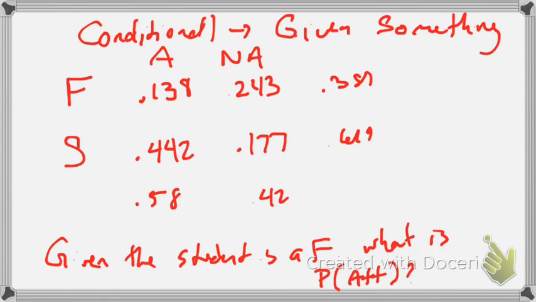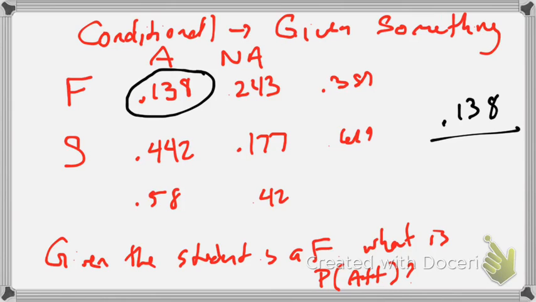The freshman that's attending is going to be this number, 0.138. That's the probability that the person is a freshman and they're attending. But given the person you picked was a freshman, you're looking at the total number of freshmen, which is 0.381. So now we're just going to calculate that percentage.